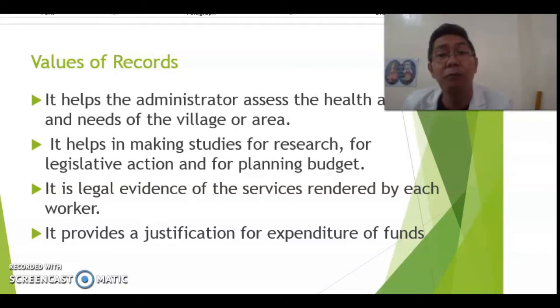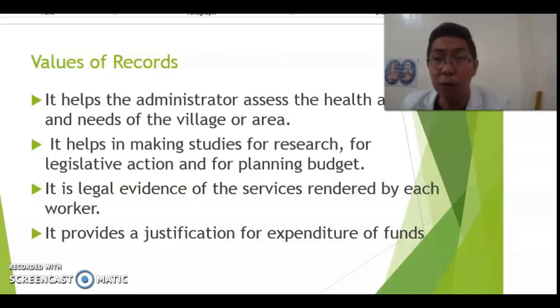Since these records are for legislative action or legal documents, we can also provide this for legislative action and for planning budget, especially if we are talking about the barangay, the community, and they provide the budget for a certain program. Legal evidences of services rendered by each worker.